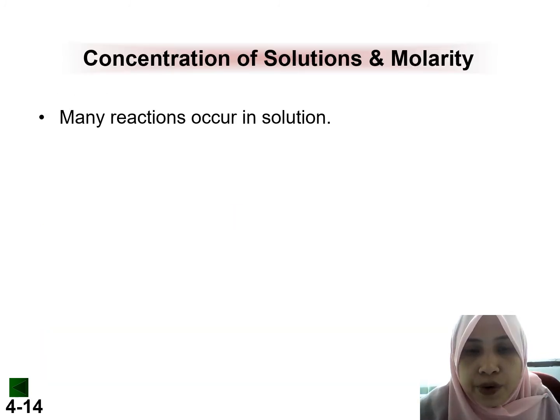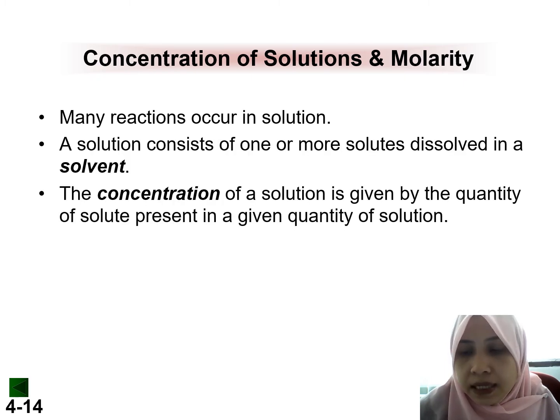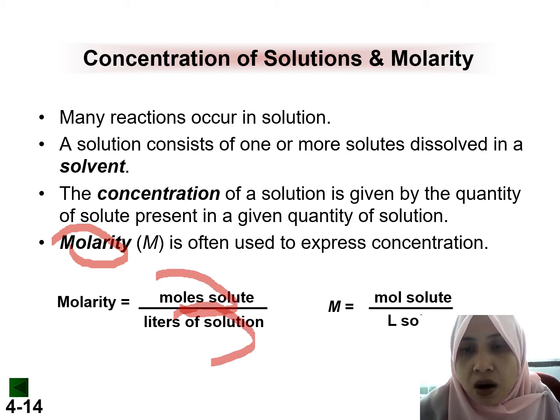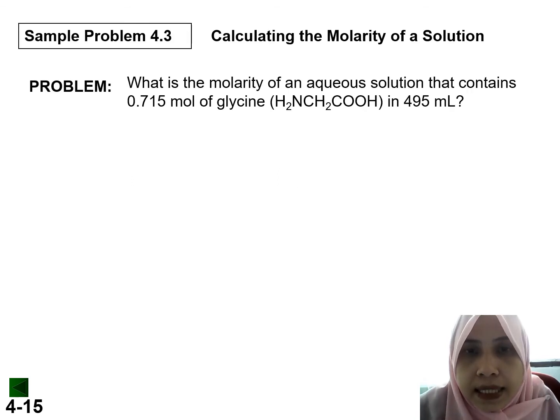As we know, we can express the concentration using molarity. The equation for molarity is mole of solute per liter of solution. The unit is moles per liter. Let's see sample problem 4.3.